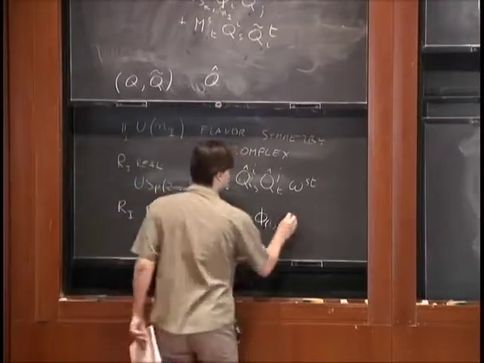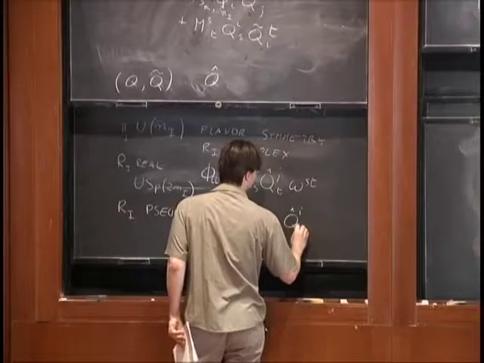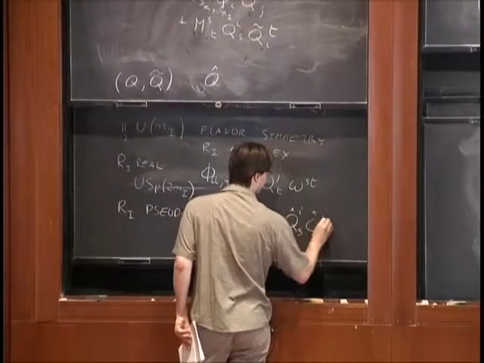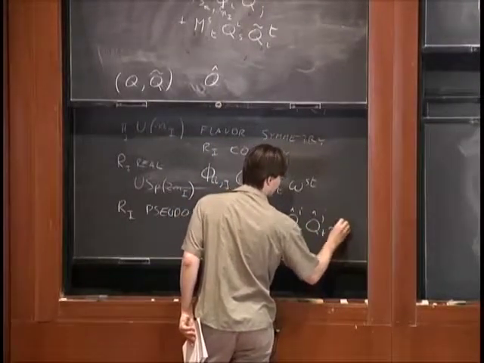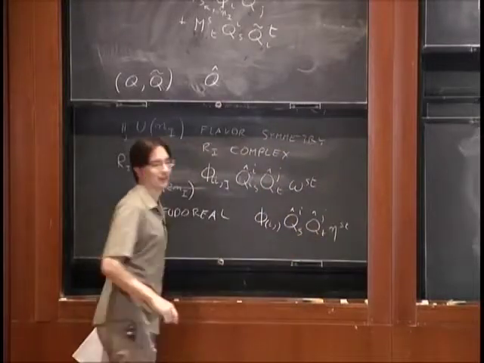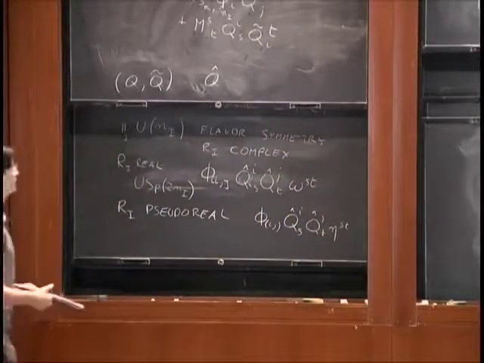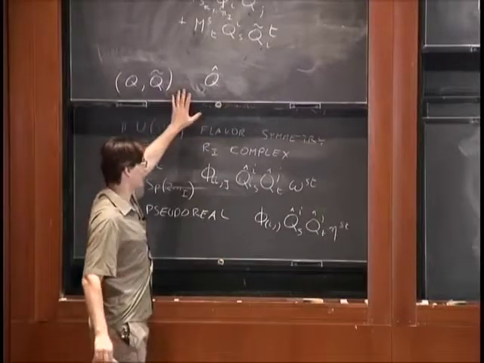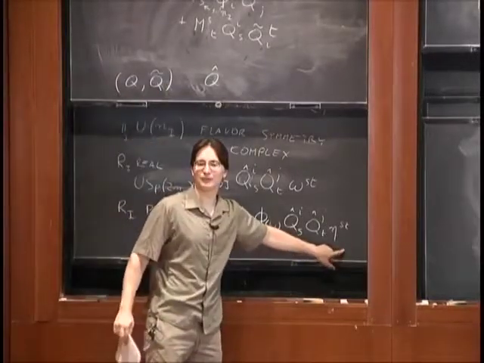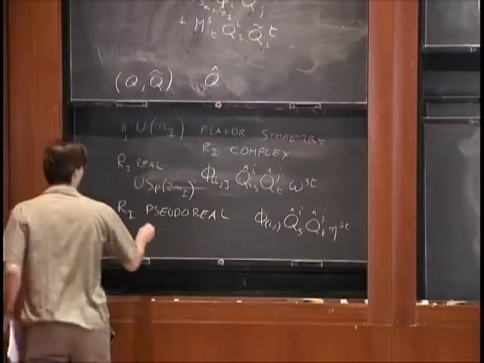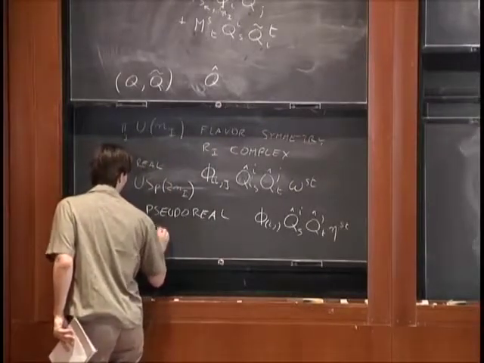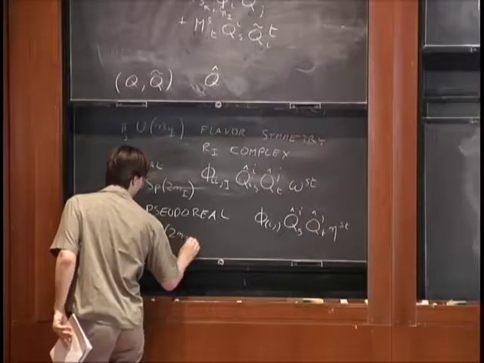Then you need to contract the flavor indices with something symmetric, and your rotations must preserve this symmetric form, which means that the flavor group is promoted to SO(2n_i).